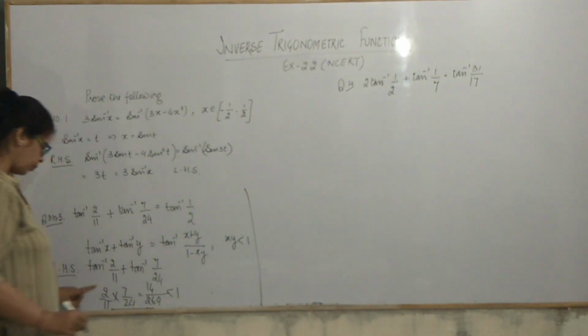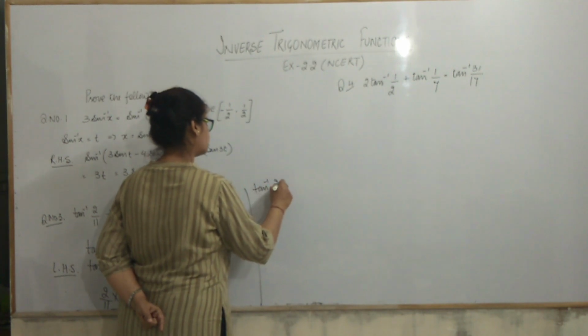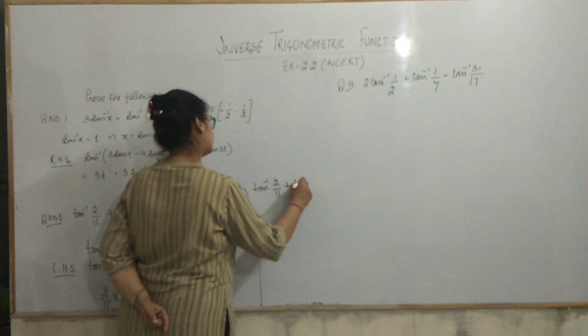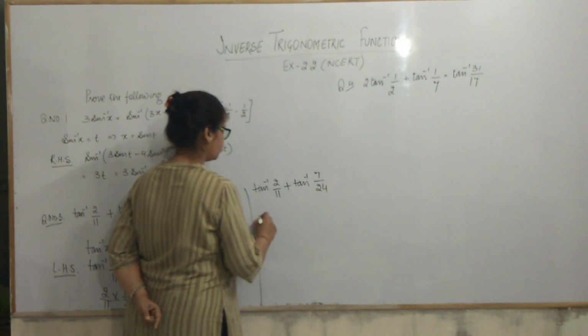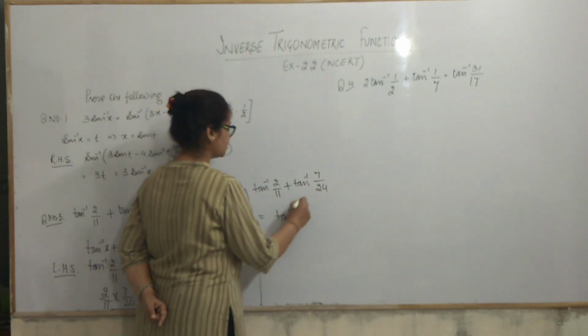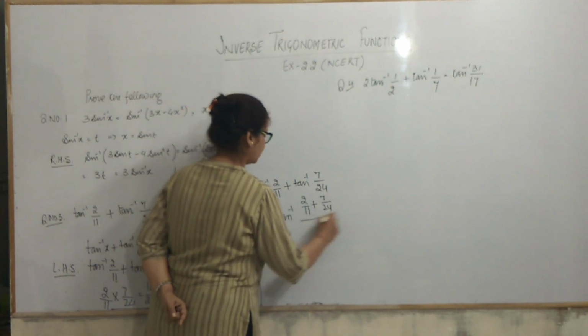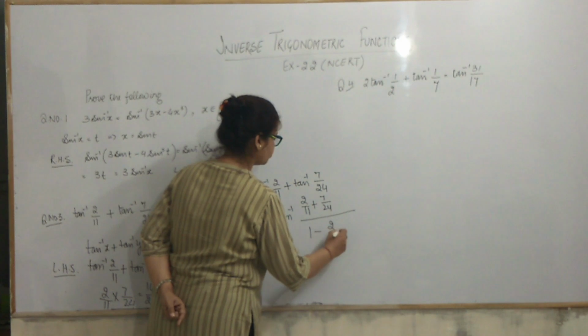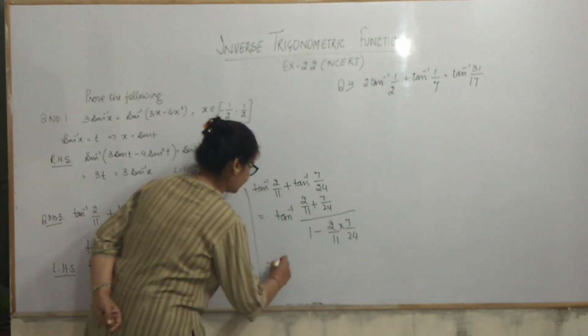Now the formula is tan inverse 2 by 11 plus tan inverse 7 by 24 is equal to tan inverse of 2 upon 11 plus 7 by 24, divided by 1 minus 2 by 11 into 7 by 24. Right?